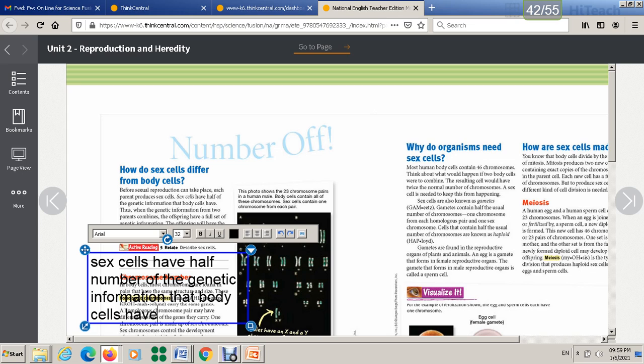Okay, so this is at the beginning when we talk about the difference between body cells and what the sex cells are, how they are different from each other. For sexual reproduction, imagine this is the egg cell, and this, I'll show you in another color, is the sperm cell.